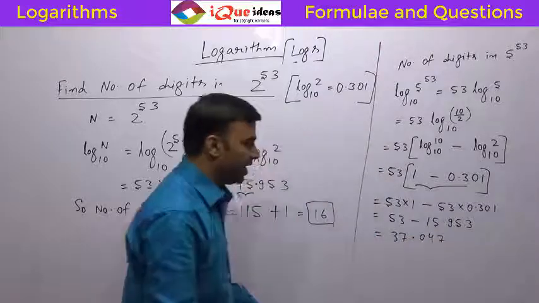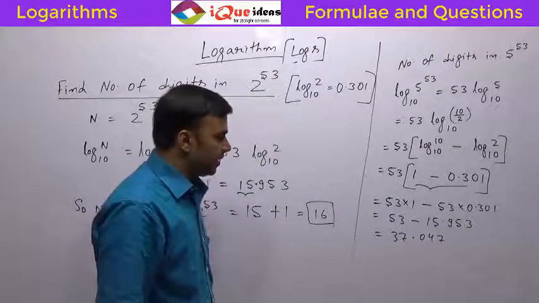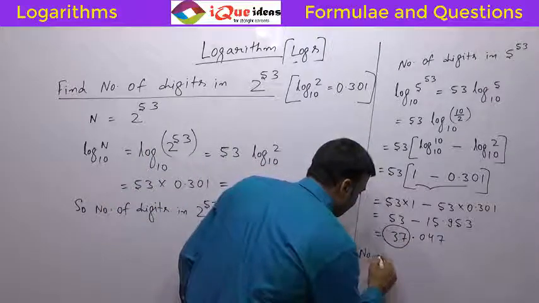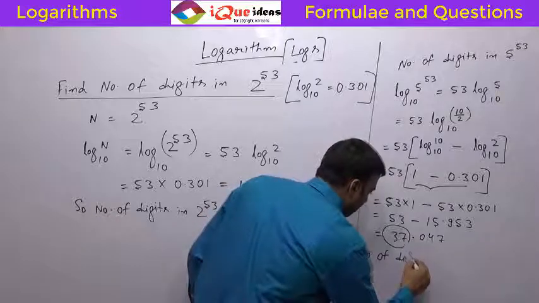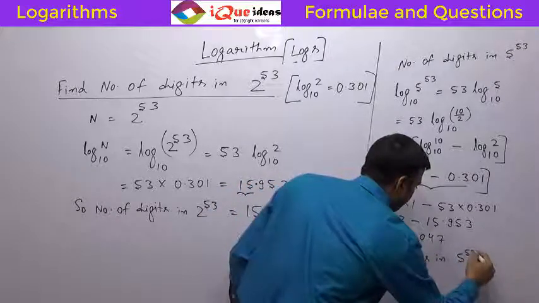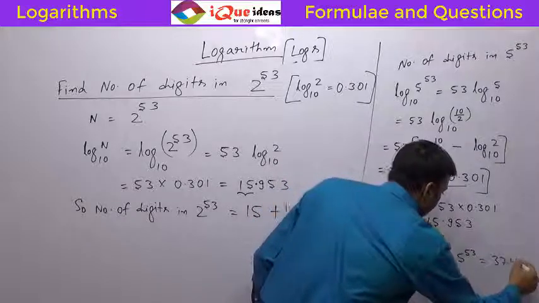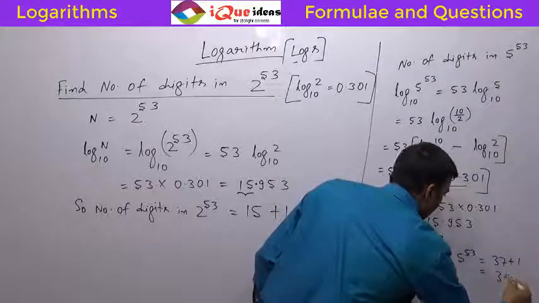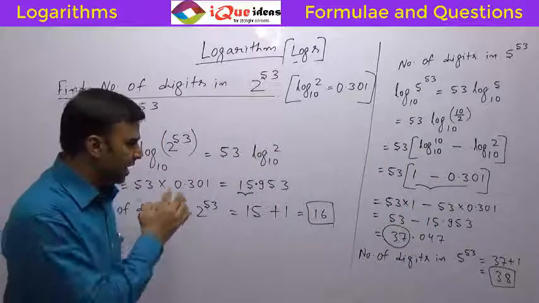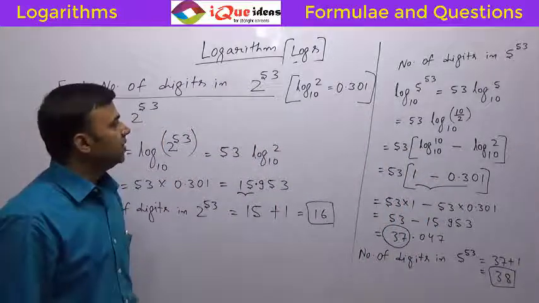Again, you can't afford any mistake in this calculation, right? Now integer part is 37. So the number of digits in 5 raised to 53 is equal to 37 plus 1, which is 38. So the final answer of the question will be 38. So there are 38 digits in this number 5 raised to 53.